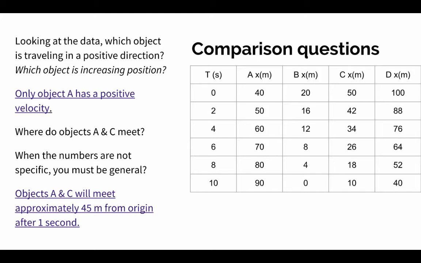Objects A and C will meet approximately 45 meters from the origin after 1 second. Because I know that at 1 second, object A is going to be at 45, and object C is going to be about 46. So they're going to meet not at any perfect pretty point, but somewhere in between.